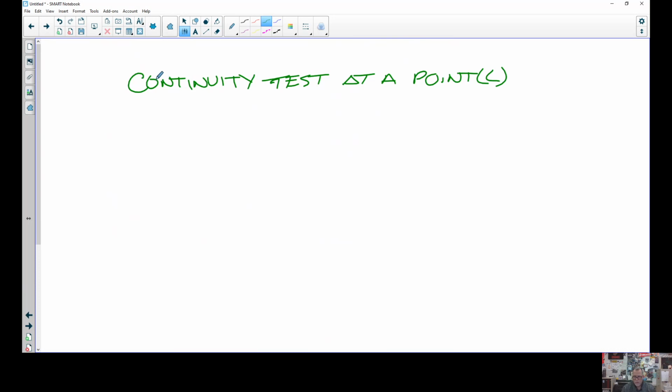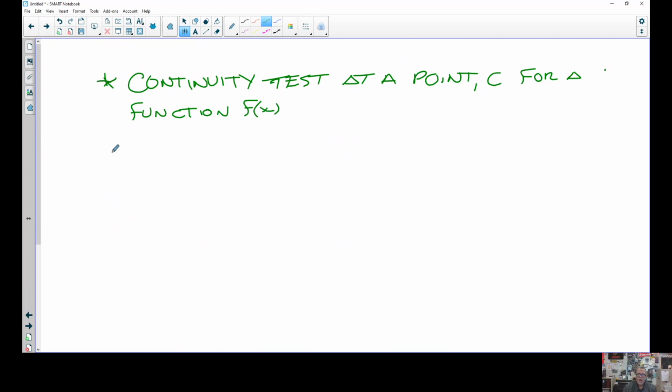And when I say at a point, I mean at any point C. At a point, say C, for a function f of x.